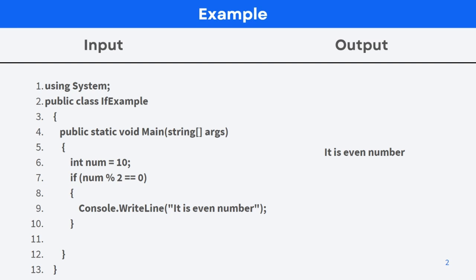After that we have a Main method, and in this we have an integer num, which is equal to 10. We are saying that if this number is an even number, meaning the number modulo 2 equals 0, then it should print with Console.WriteLine that it is an even number. So on the output side you can see that the even number message is printed.